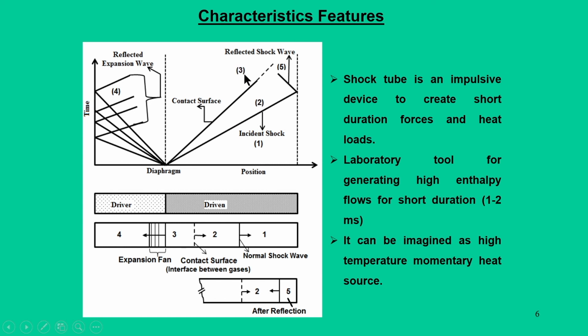Regions 2 and 3 are separated by the contact surface. Region 5 is the location where the primary shock hits the end wall and reflects.